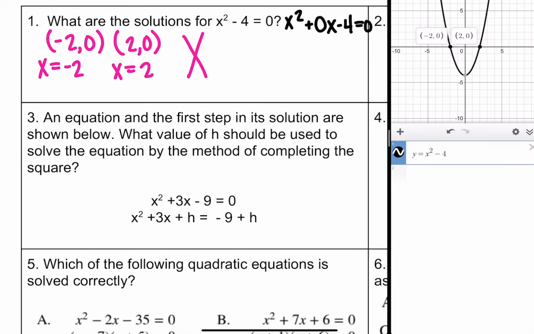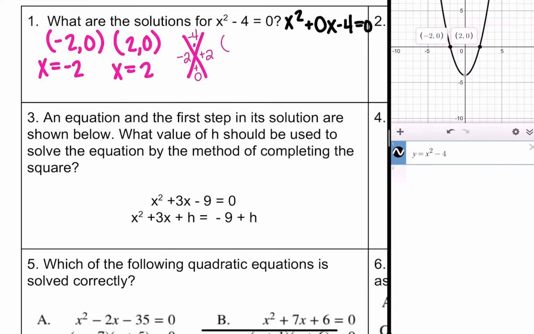So we're looking for two numbers that will multiply to be -4 and add to be 0. So what are two numbers that multiply to be -4 and add to be 0? -2 and +2.